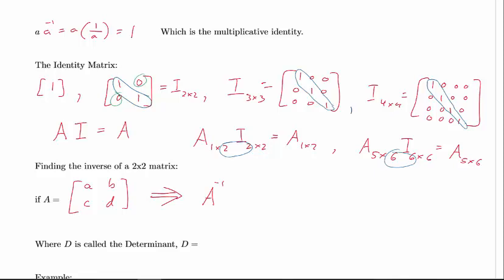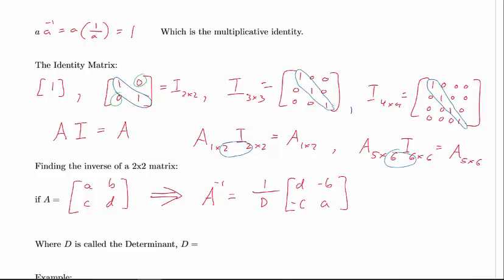Our inverse will simply equal 1 over something called the determinant, which we'll write here as D, times the rearranged matrix: the d and the a swap places, and then we put a negative on the reverse diagonal, the b and c, and you swap places of those two. That's how you rearrange the matrix.